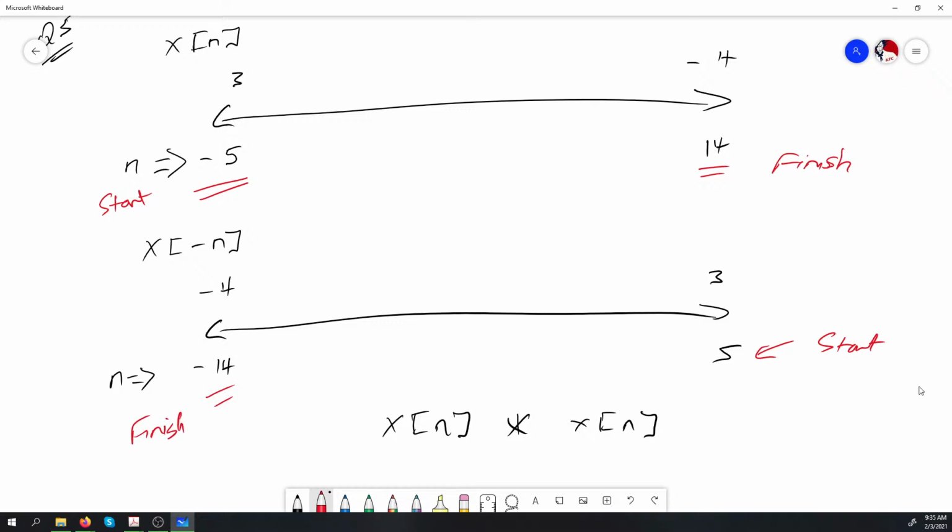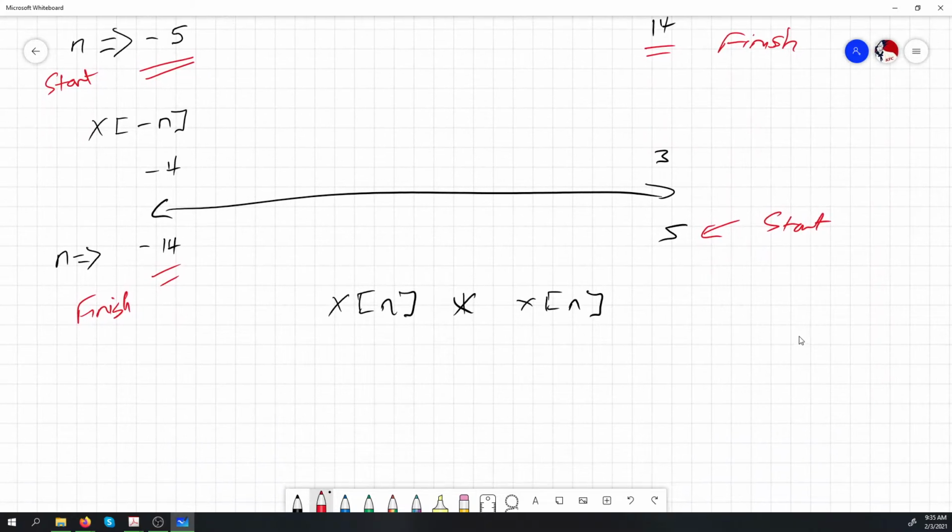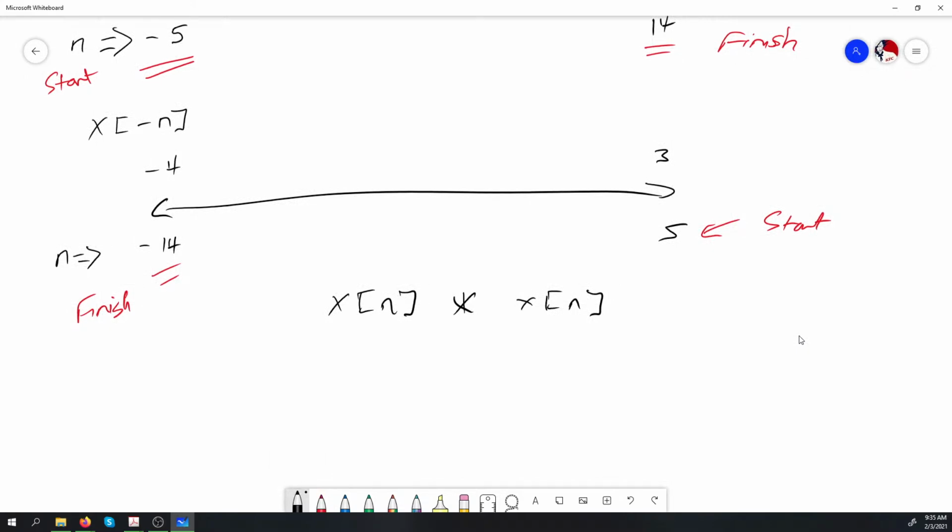The reason for this being is that, remember, convolution would be if we had, I'm just drawing a rough sketch here, our x of n signal here. And I know this isn't what the signal actually looks like, but I'm just drawing an arbitrary indicator.